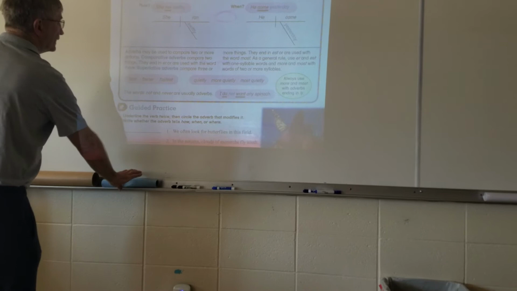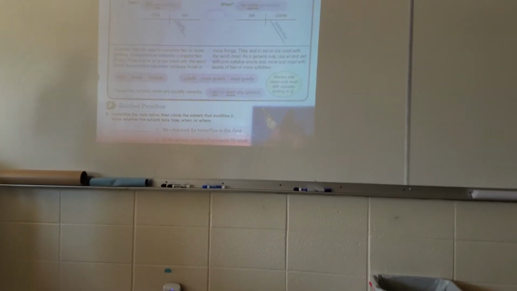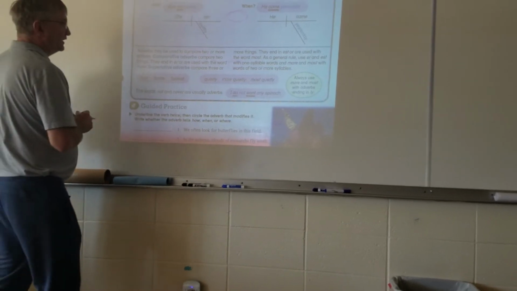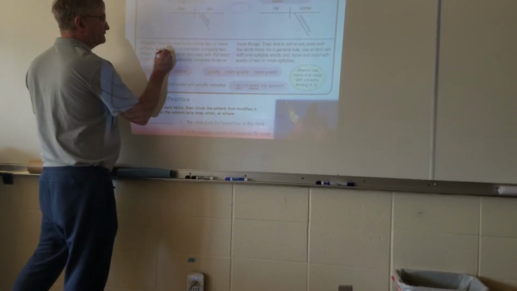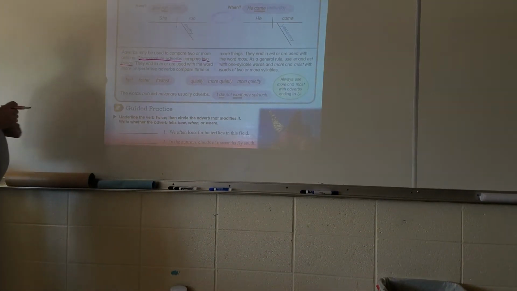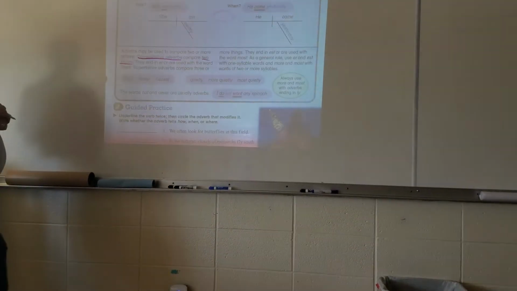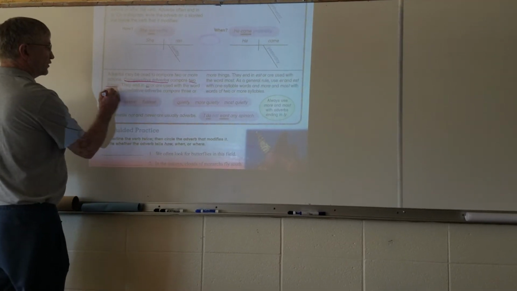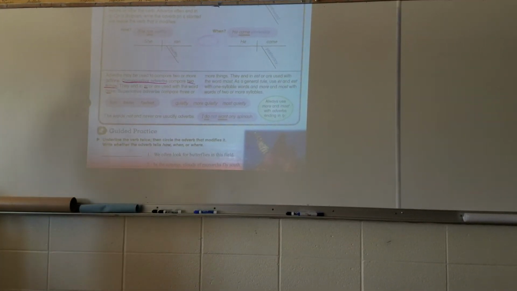Okay. Adverbs may be used to compare 2 or more actions. You have a comparative adverb, comparing 2 things. They end in er and are used with the word more. So the er and the more are the key phrases with comparative.